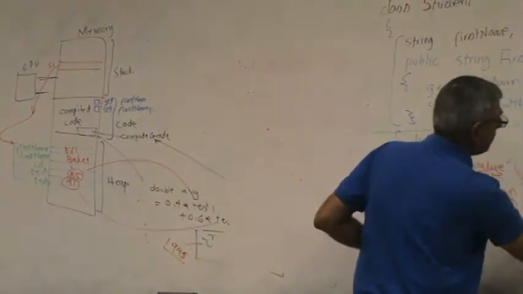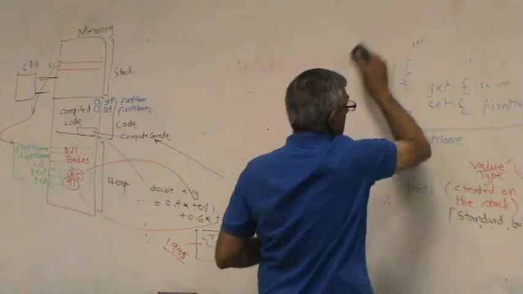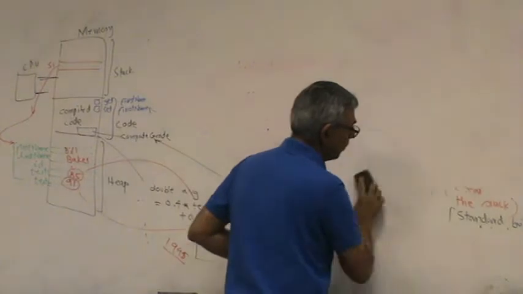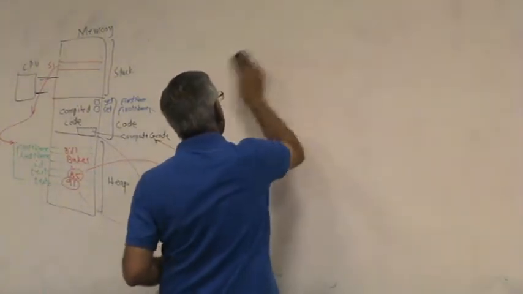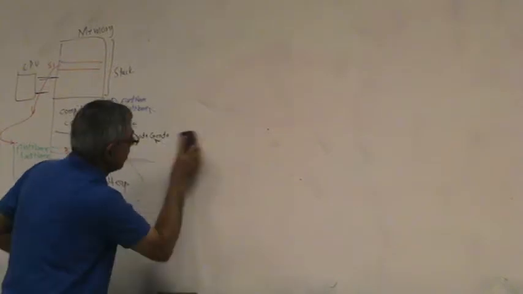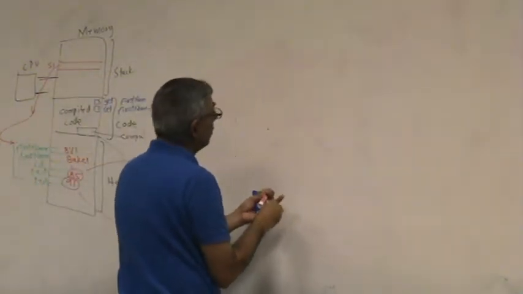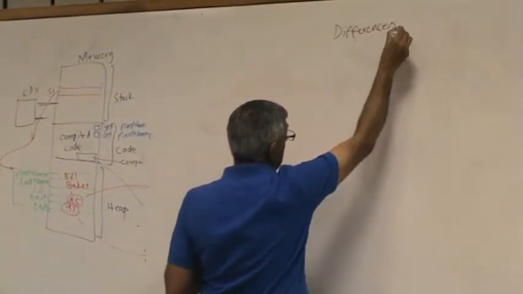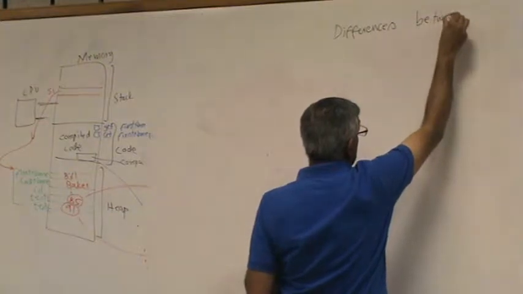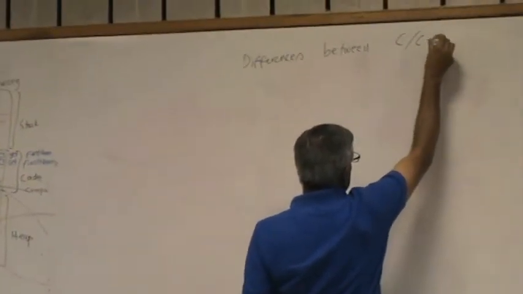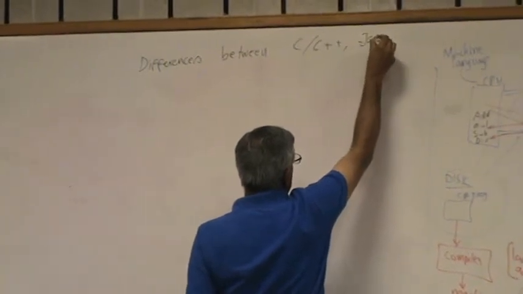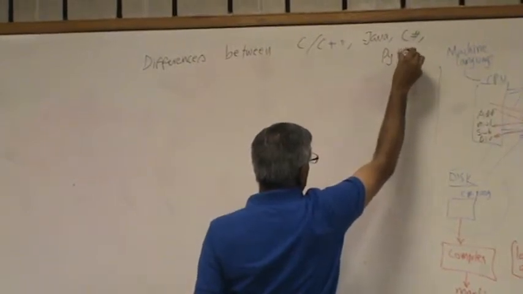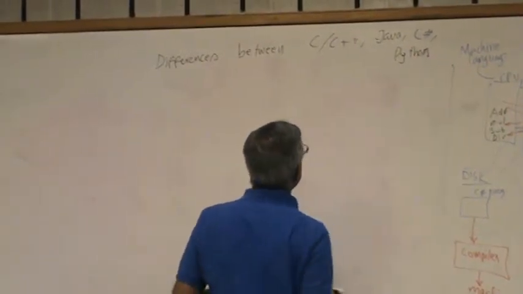Sidetrack for a few minutes and understand the differences. Okay, so I'll try to clarify differences between C, C++, Java, C#, Python. Okay.